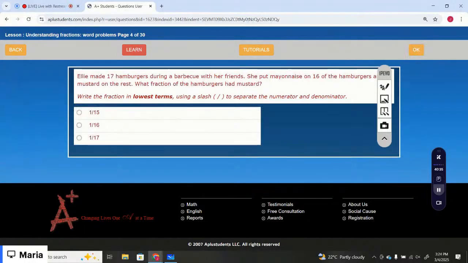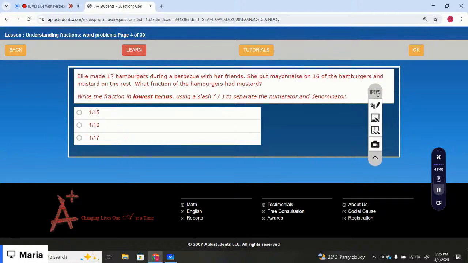And they made 17 hamburgers. 16 of the hamburgers have mustard.